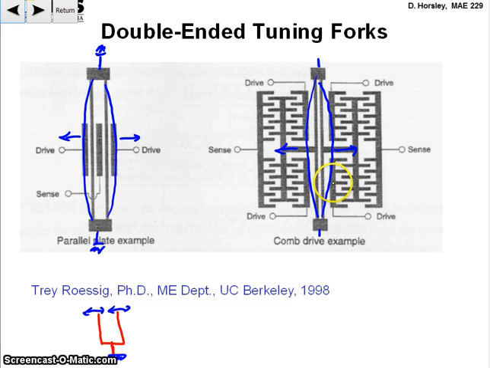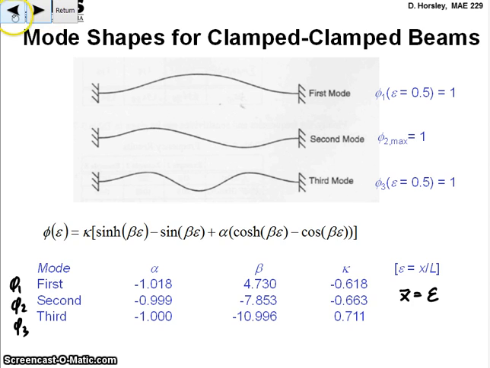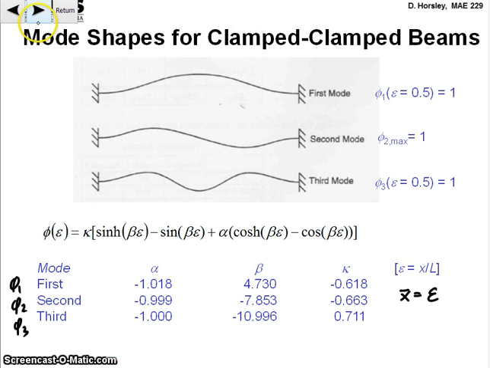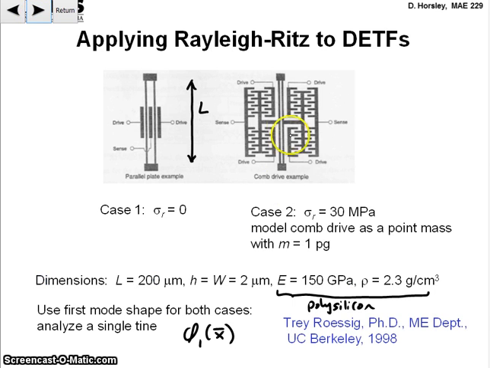So we're looking at this case. Somewhere I thought I had it in here. Oh yeah, here we go. So we're looking at this case where we have a point mass of 1 picogram. I'm going to write this as m point, 1 picogram acting at the center of the beam.